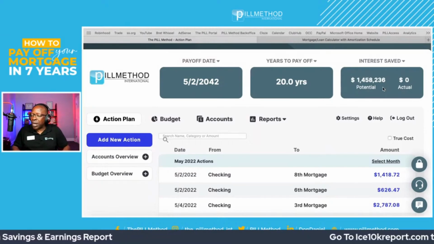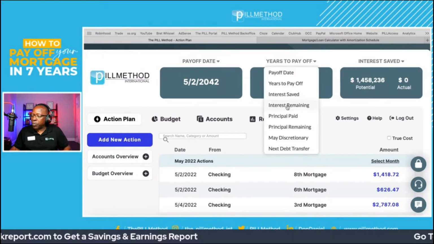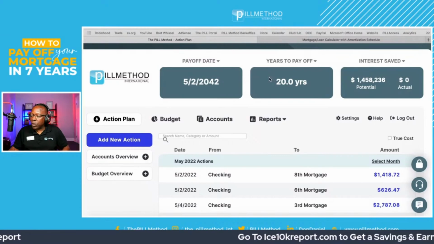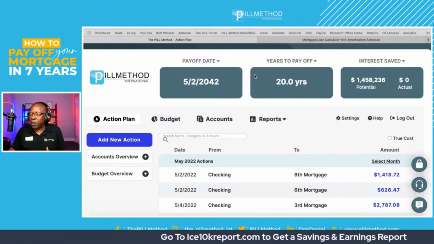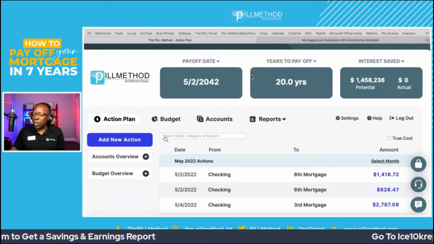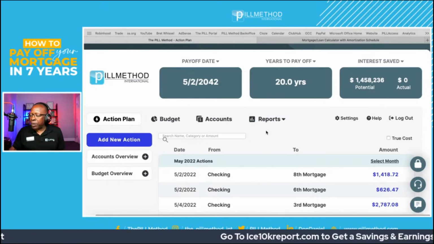We're supposed to be out of debt by doing this in 2042. If we have principal remaining, years to pay off, okay, we got 20 years, we got 30 years. All right, we're supposed to be out of debt in 30 years. That would be 30 plus 22, that's 2052. Okay, 2052. Let me show you something that what could happen.